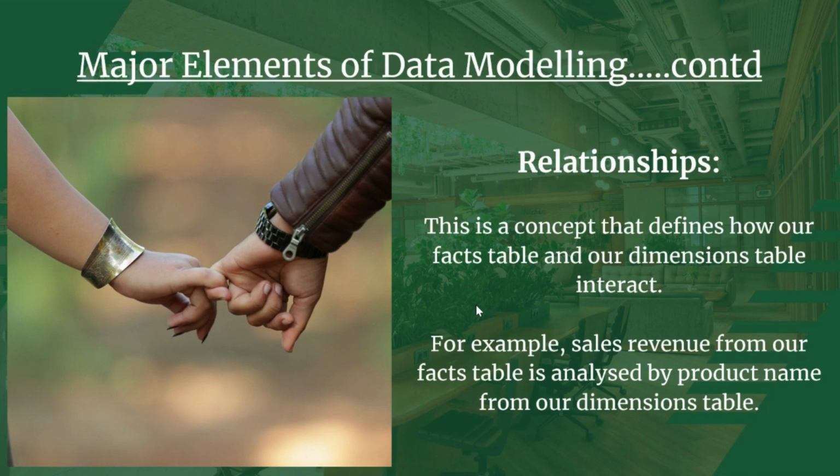Another example, student score is analyzed, right, by student name in our student table. So student score will be our fact in our fact table, let's say student score table, and then we have another table called student details. So the student score table, which is the fact table, will be analyzed by the student name, which is in the dimensions table.